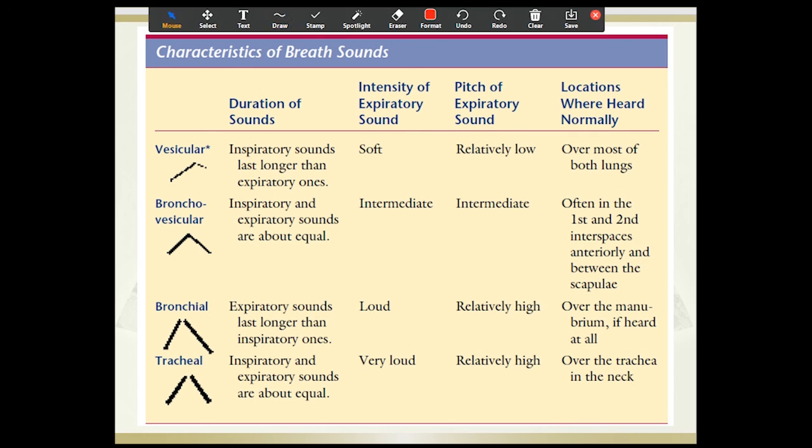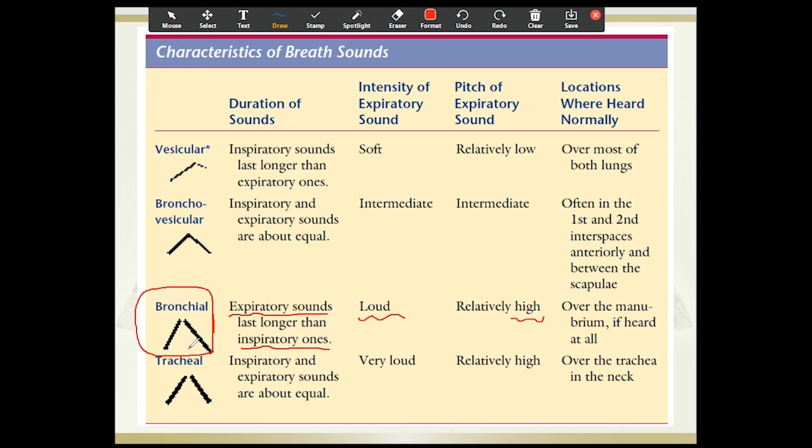Then we're talking about another sound, bronchial sound. This is truly bigger, the sound is higher and louder. You can see the chart here, inspiration and expiration sounds pretty equal, pretty similar.